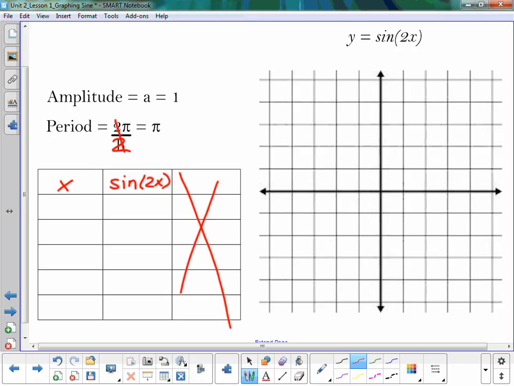I didn't really need that. Okay, so for now we're just starting at 0. And our period's pi, so we're going to end at pi.